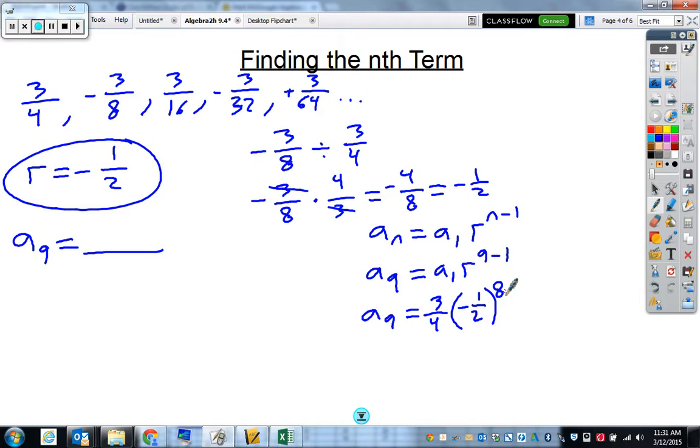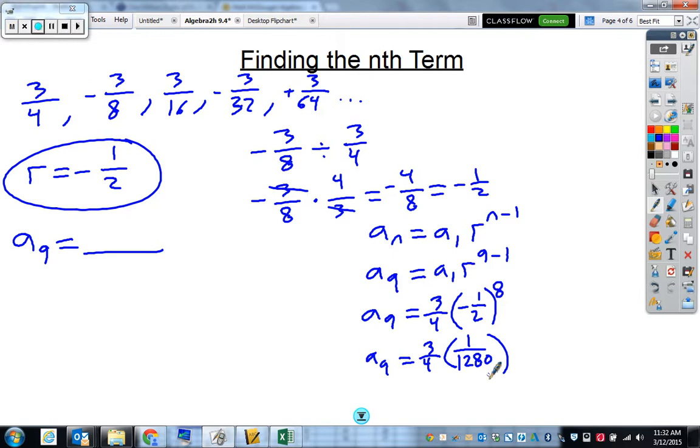I could plug that into my calculator, but I want to keep it in fraction form. Since 8 is even, I know I'm going to get a positive answer. 1 to the 8th is just 1. 2 to the 8th, we just did.